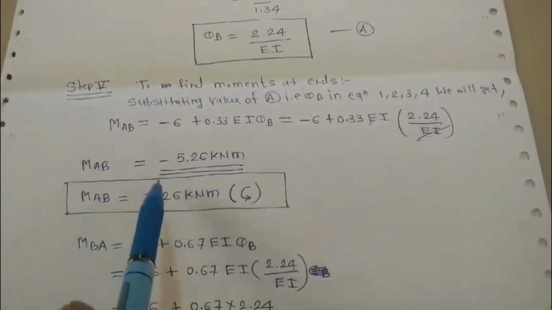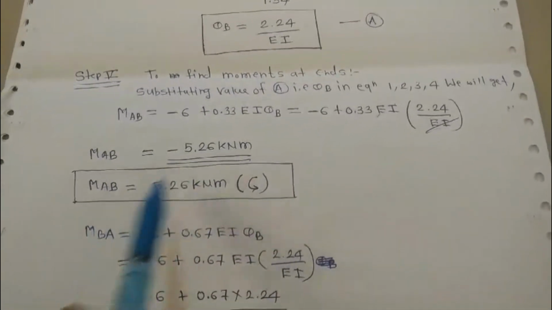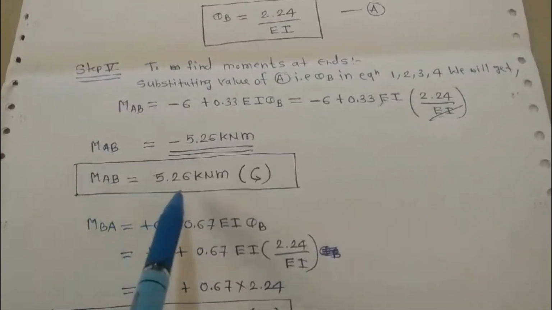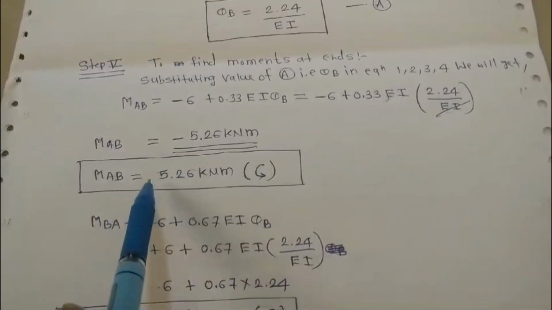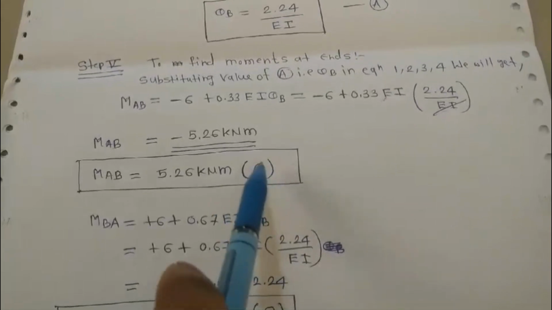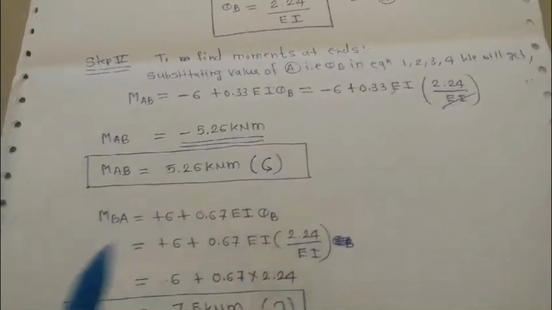So you will get MAB is equal to minus 5.26 kilonewton meter. The negative sign indicates the moment MAB is anti-clockwise in nature. I have taken the positive sign here, only I have shown the anti-clockwise nature with the anti-clockwise symbol.